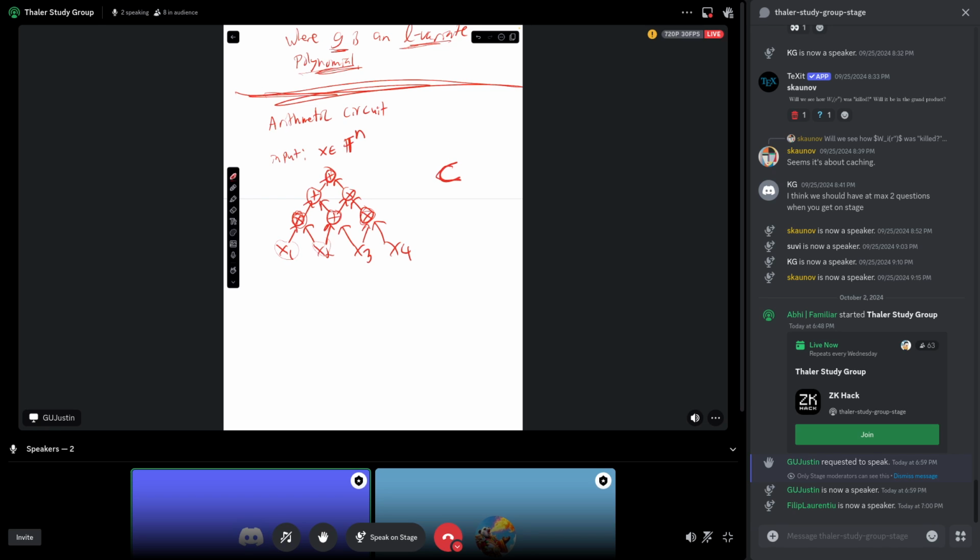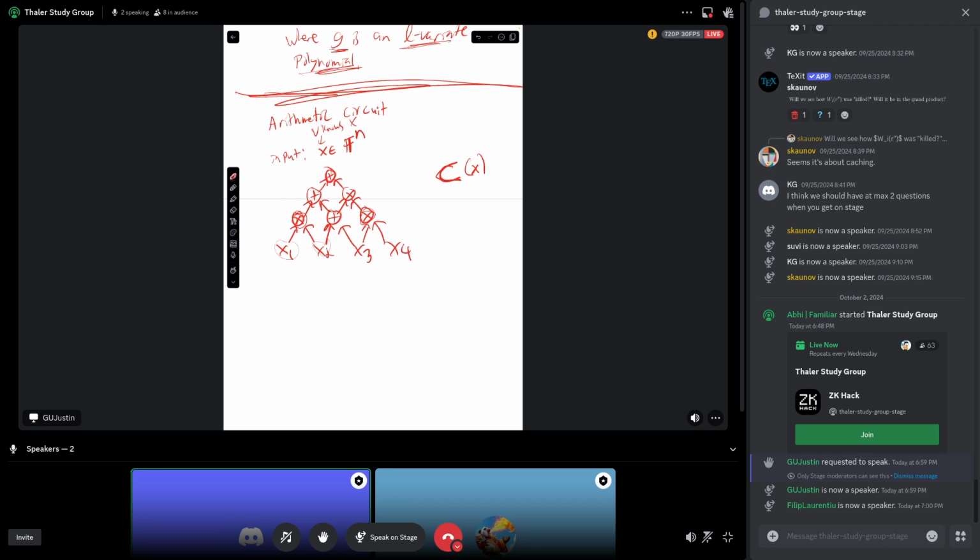And we saw that the GKR protocol was a very efficient interactive proof for the claim that if you evaluate C on some input X, where the verifier, let's say, knows X, as well as the circuit.